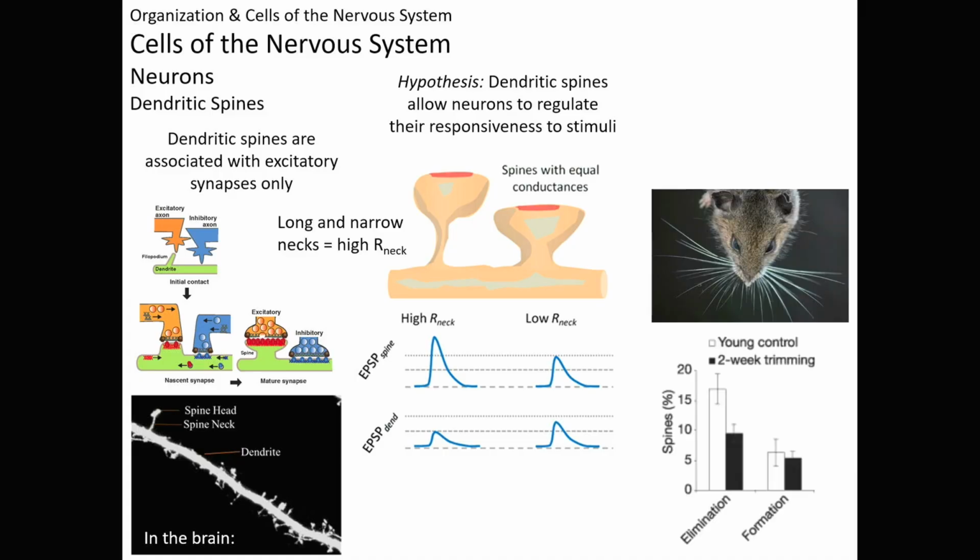A little bit of empirical data to substantiate this idea that we can regulate the nervous system responsiveness to stimuli through changes in, say, the number or the architecture of these spines.